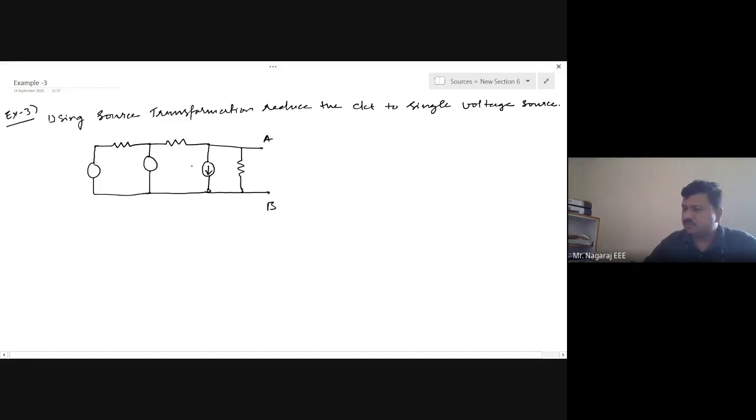Again between A and B only, it is by default. This is the circuit given.